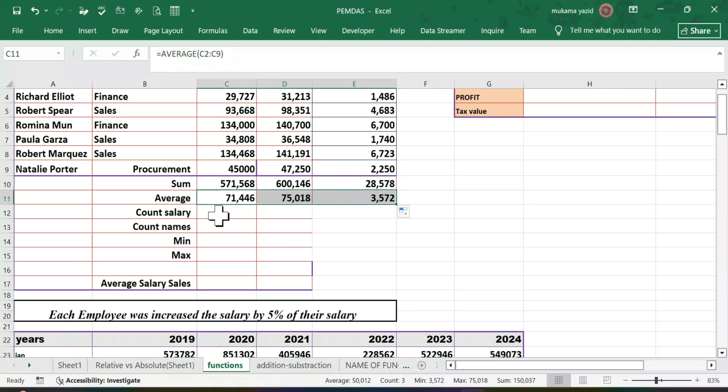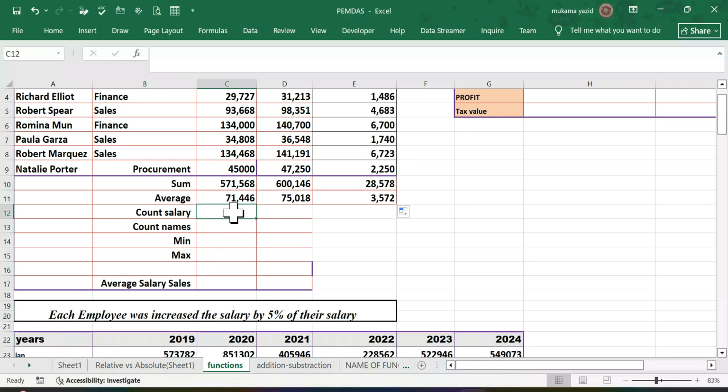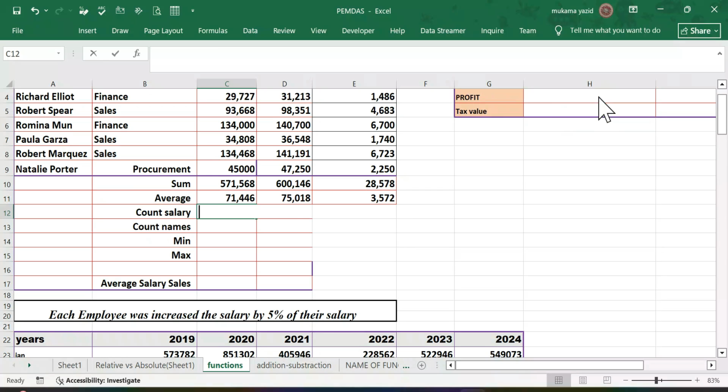So that is it. Then count salary, so we're going to count numbers. How many salaries are we? So from there we just use count. You can get it from the function, counting number. This is the counting number we want, so we count only numbers up to here.